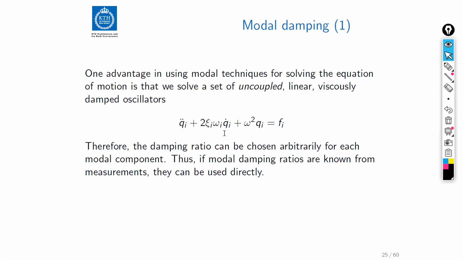The nice thing with the proportionally, with the lightly damped system is that we don't even need to care about the material damping or how damping is distributed in this case. Instead, if we know what modal damping ratios we should use or could use, we can simply specify them individually for each modal vibration.